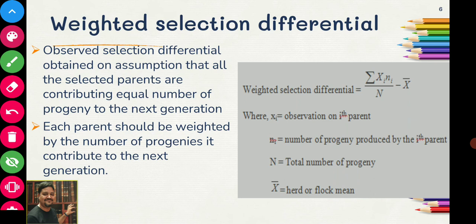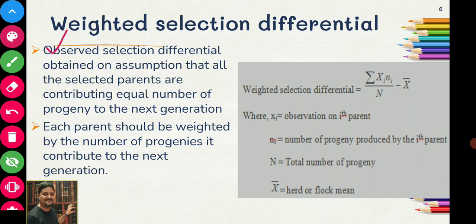Actually, when I was discussing the measures of central tendency in unit 1, there I had already told you about the weighted mean. So the weighted selection differential draws its concept from the weighted mean. So what is weighted selection differential? The earlier selection differential that we discussed, I am calling the observed selection differential.